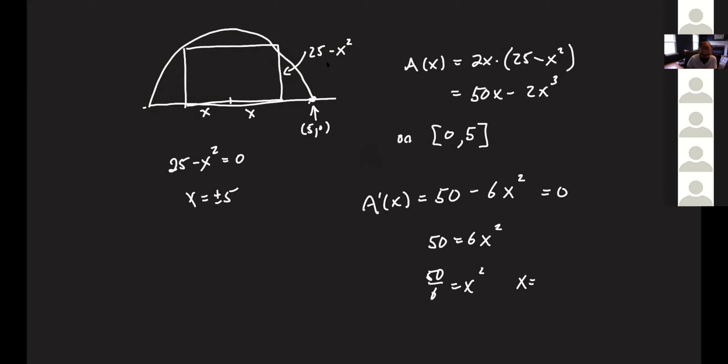And so x is equal to plus or minus the square root of 50 over 6. Is this a max or a min? How do we know?